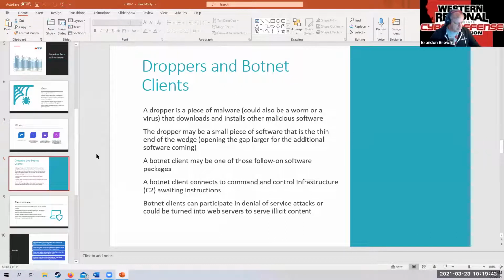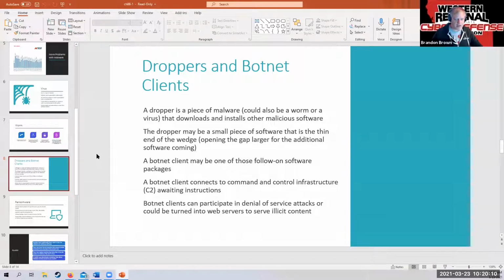Okay, droppers and botnets. Botnets were a big problem about a decade or so ago, about 12, 15 years ago. But a lot of the issues with botnets have been overcome. Why? Because botnets have to have some sort of back-end infrastructure in order to operate, a la IRC, Internet Relay Chat.